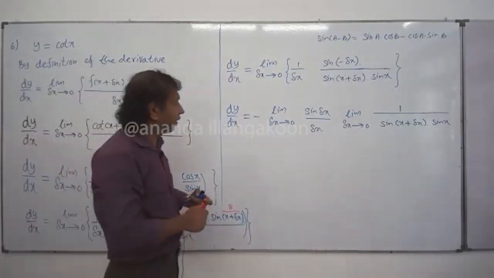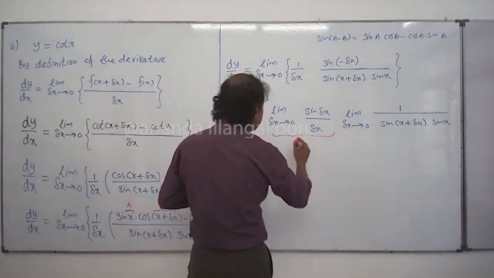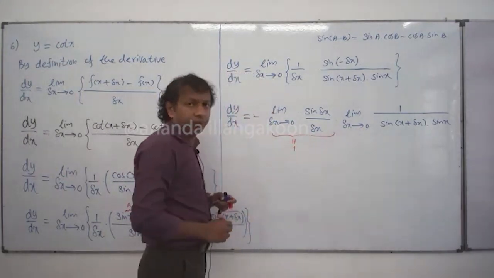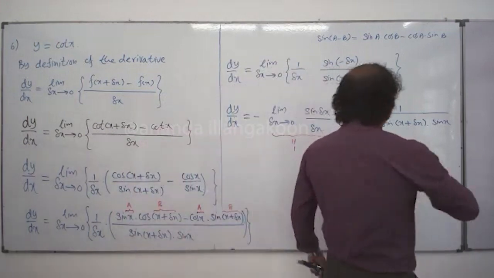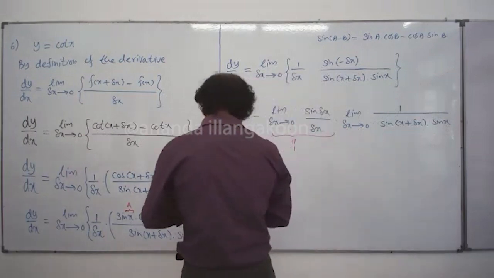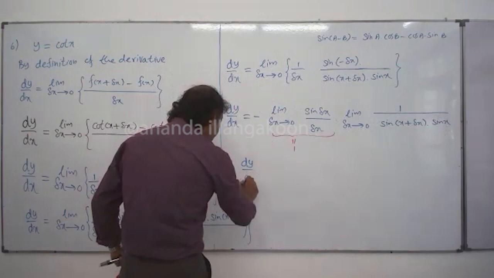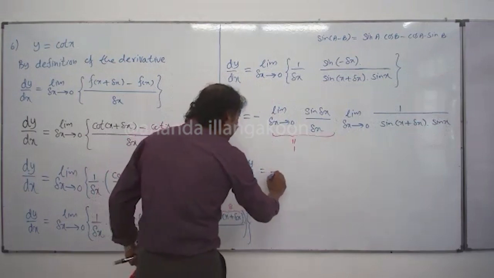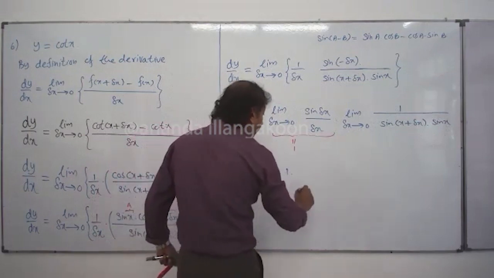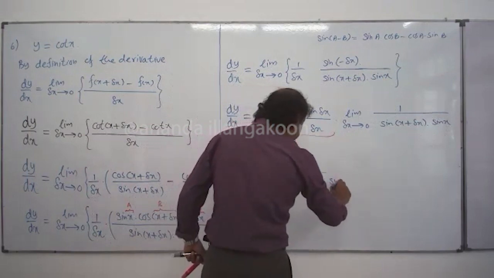Okay, people, now what is this answer? This is 1. When I put delta x as 0 here, this is sine x, this is sine x. It is sine squared x. Dy by dx is equal to minus 1 upon sine x into sine x.